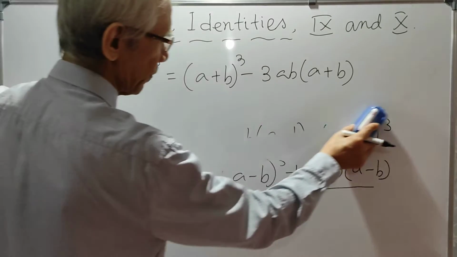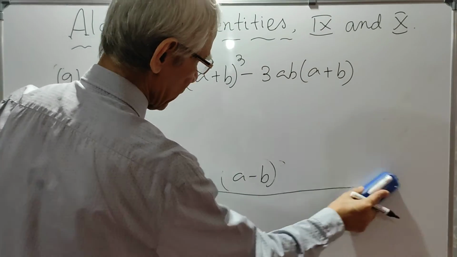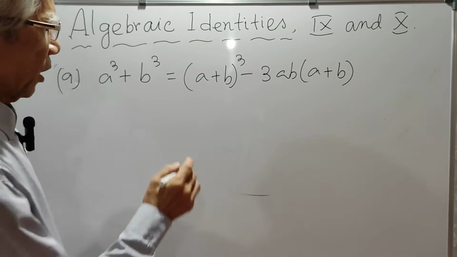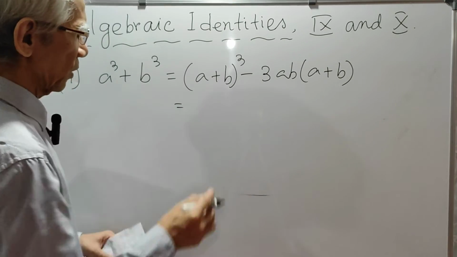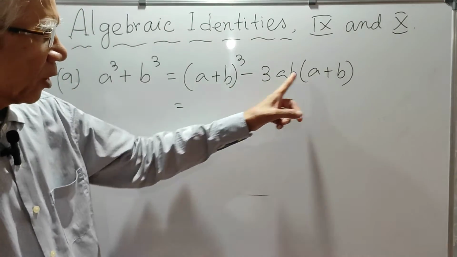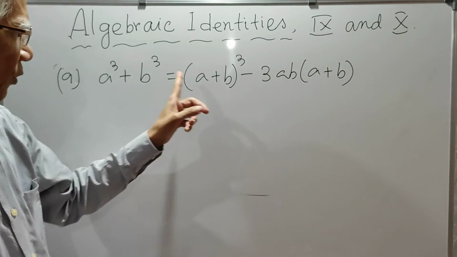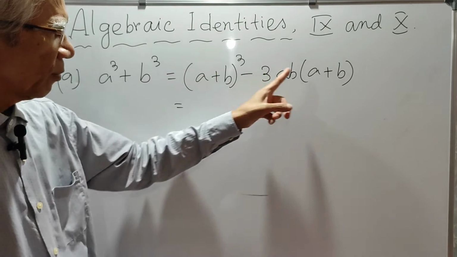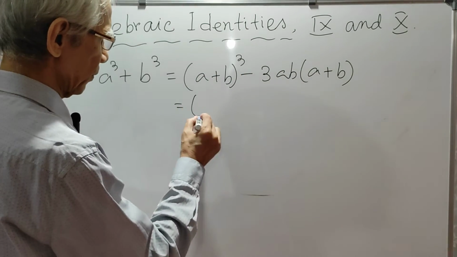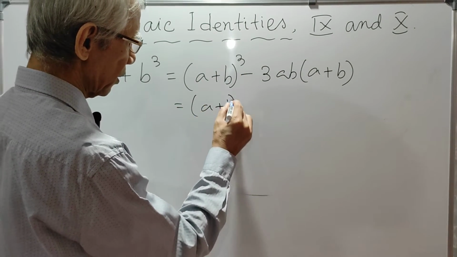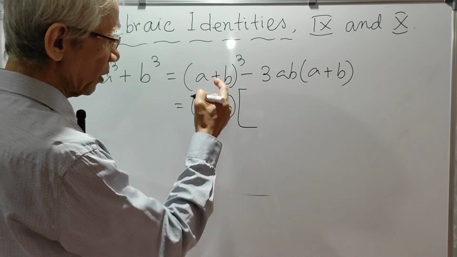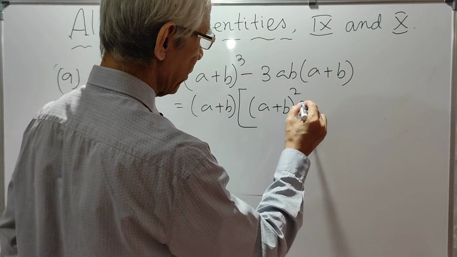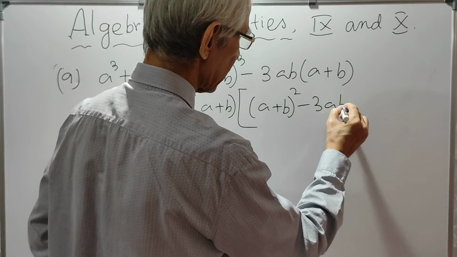So how we will see. Now what you do, a plus b you take common. So this is the ninth identity, a cube plus b cube, already I have discussed. Now from these two you take a plus b common. If you take a plus b common, what remains here? (a plus b) whole square and minus 3ab.